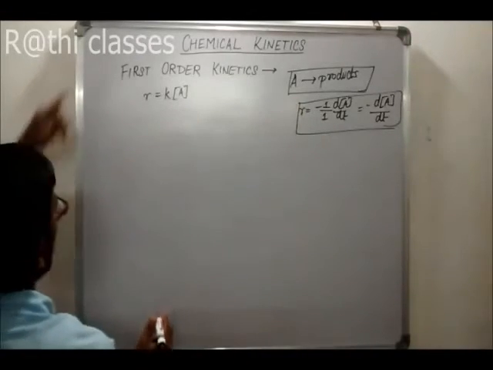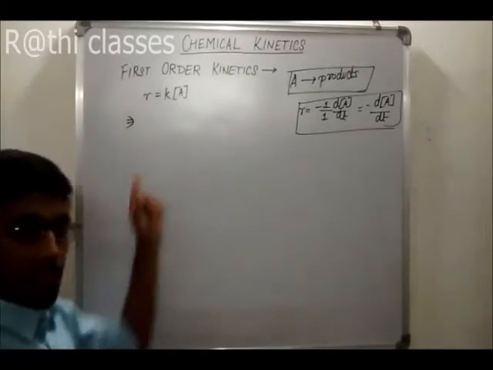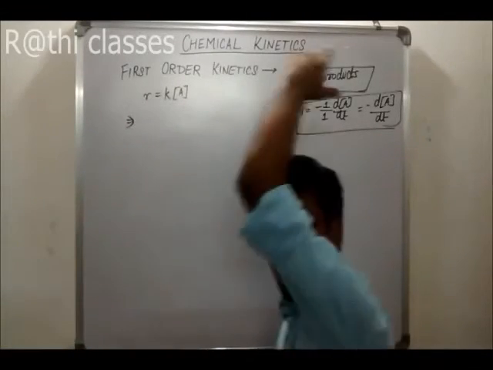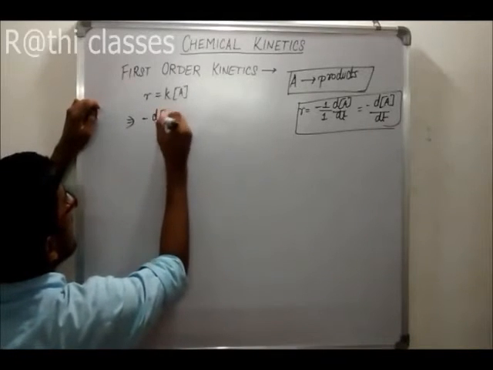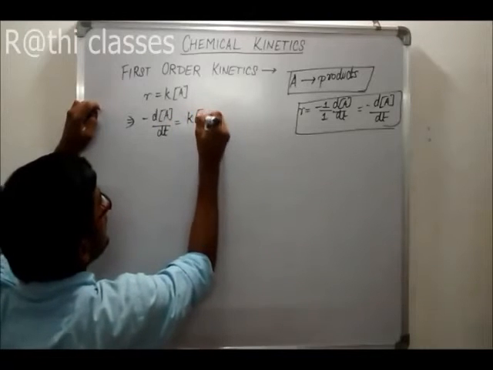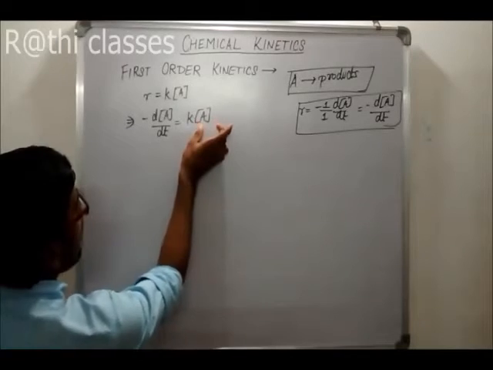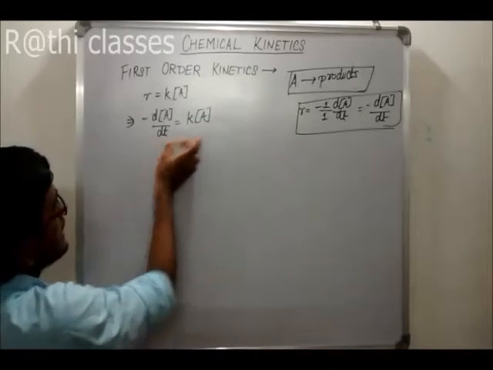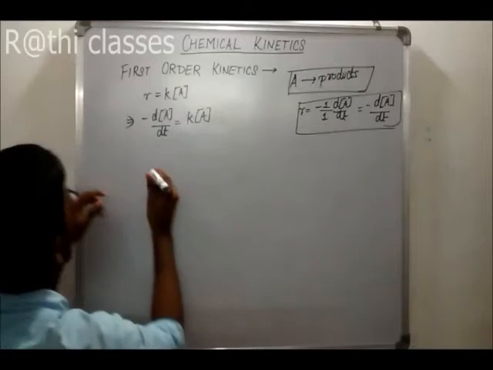Using this here, we can replace R by minus dA by dt, using the definition of rate of reaction. So by replacing we get minus dA by dt is equal to K into A. Now we shift box A here and dt there so that we can get similar terms for integrating.